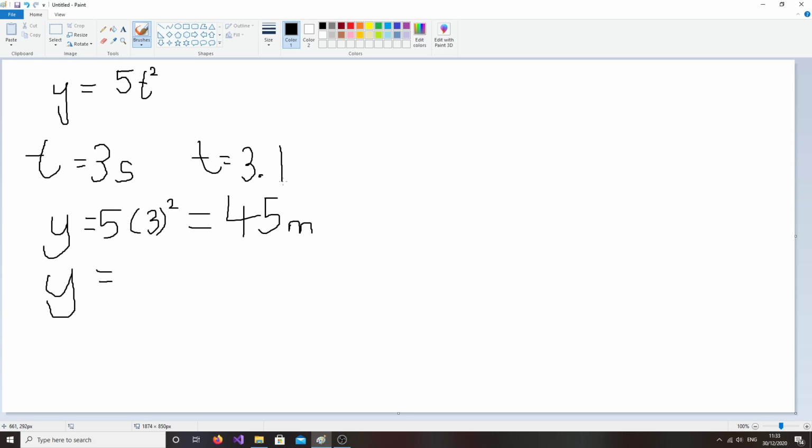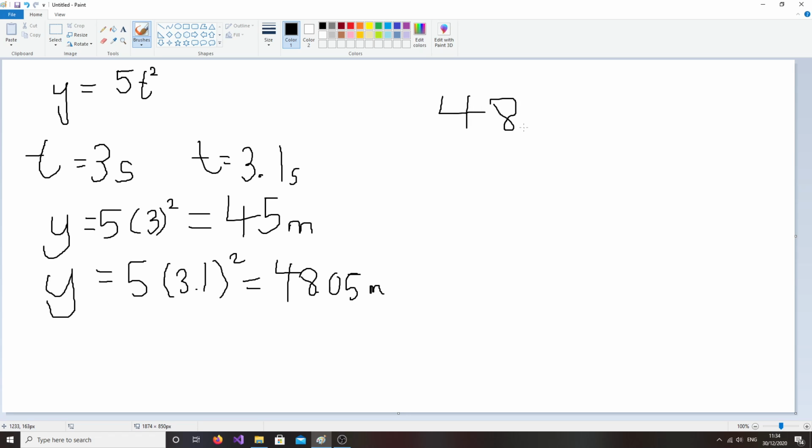I should get a more specific, more accurate speed here. So 5 times 3.1 squared, and that equals 48.05 meters. Now let's do the same process as we did before.